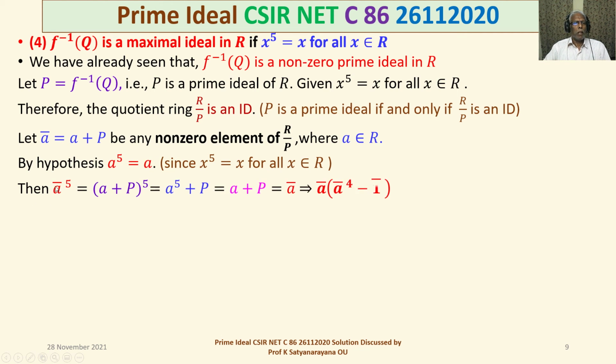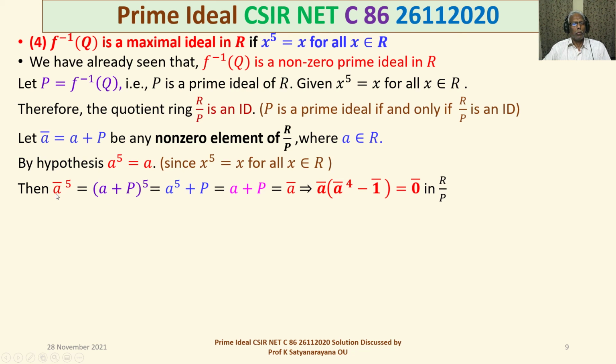Then A bar to the power 5 is equal to A plus P to the power of 5, which is equal to A power 5 plus P. And we know x plus P multiplied by y plus P is equal to xy plus P. Using that, A plus P to the power of 5 is equal to A power 5 plus P, and A power 5 plus P is equal to A bar.